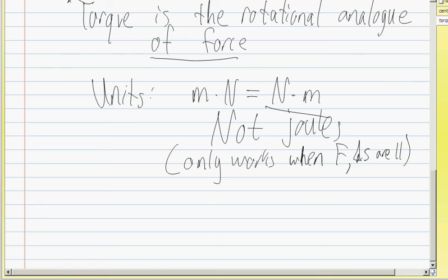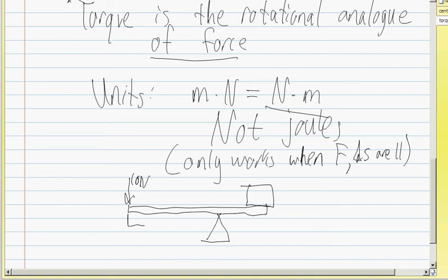And if we look at a bunch of examples, let's say we have, I don't know, a teeter-totter or something like that. And we're lifting something up here. And in order to do that, we're going to push down, maybe 10 newtons of force.